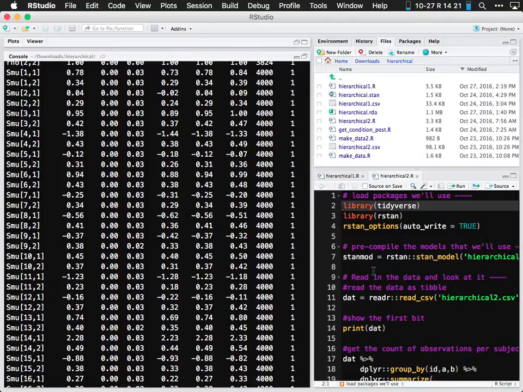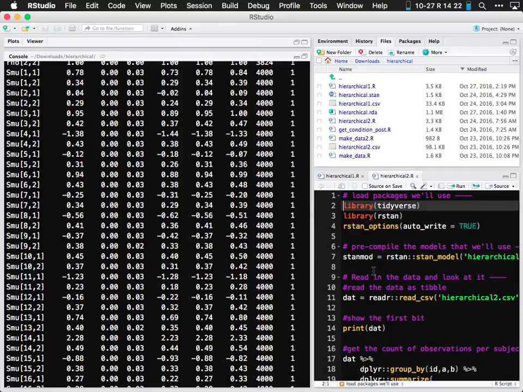Are both of these within, the hierarchical one we just did and this one? Yep, the first one was within as well, because you've got an intercept per person and a difference score per person. And now we just have a scenario where, to put it in traditional ANOVA terms, the first one was a one-way repeated measures ANOVA, with 2 levels of the variable that's repeated measures.